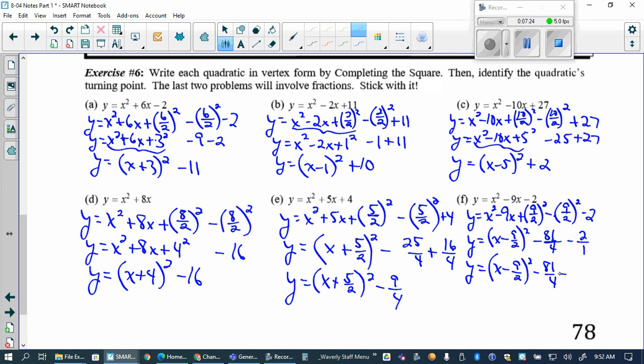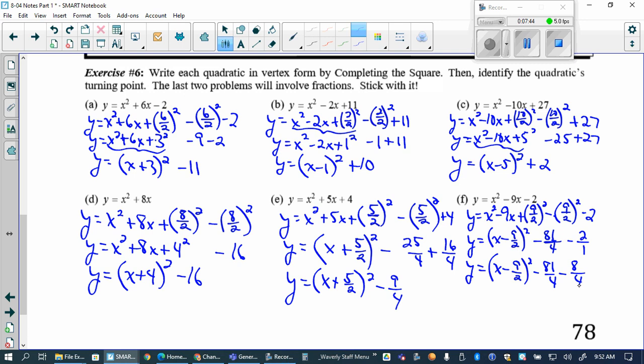So the 2 over 1 needs to become a what? Eight over 4, right? 8 divided by 4, 2.